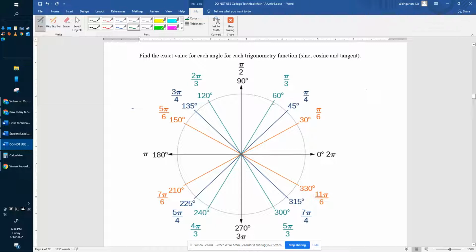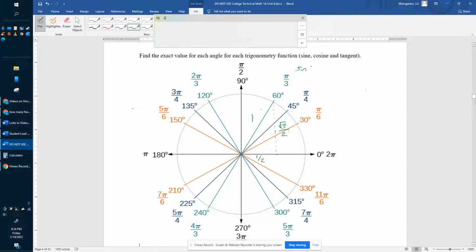60 degrees, we're going to go all the way down here. Remember, hypotenuse is 1. The shorter side is 1/2. The longer side is the square root of 3 over 2. So what is sine? And again, this angle right here is our 60 degrees.